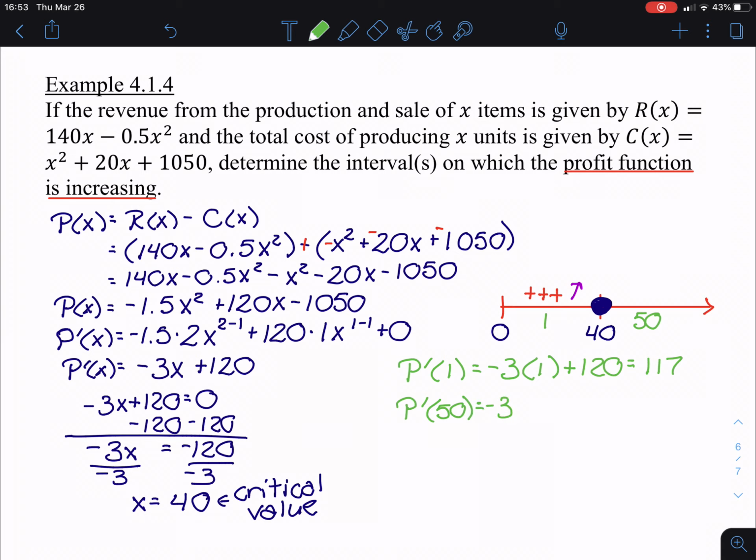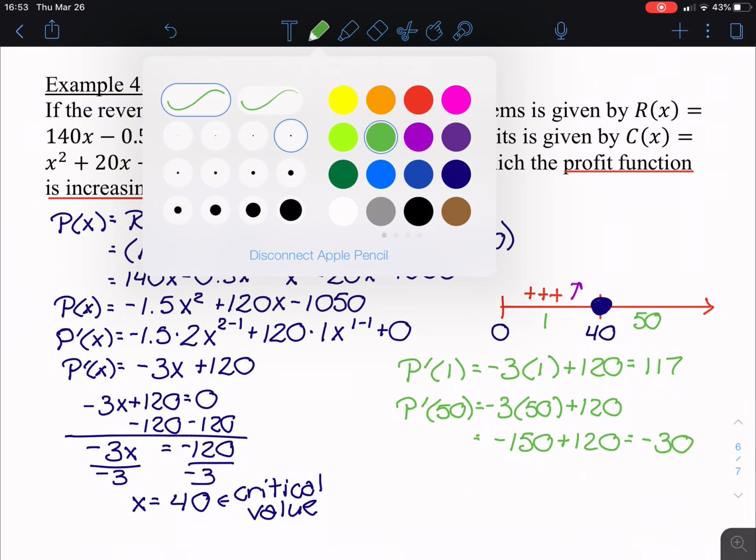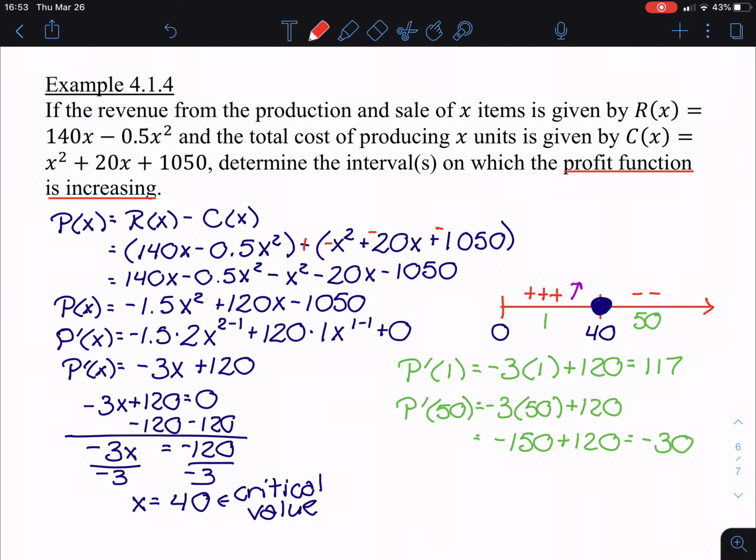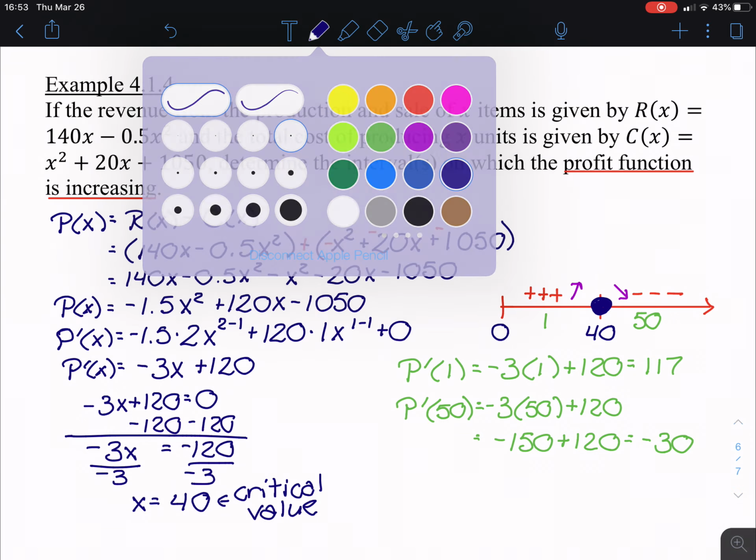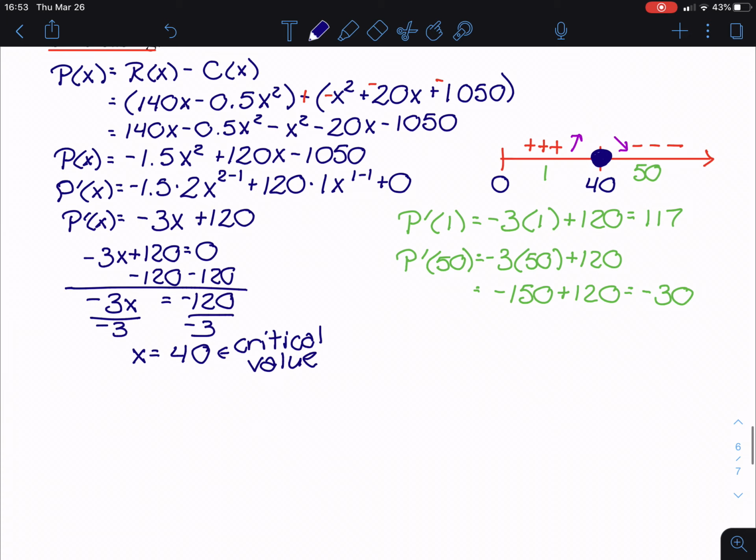I have negative 3 times 50 plus 120. That equals negative 150 plus 120, which equals negative 30. So that's a negative value. So I know that the derivative is negative in the right interval, and my function is decreasing when x is greater than 40.